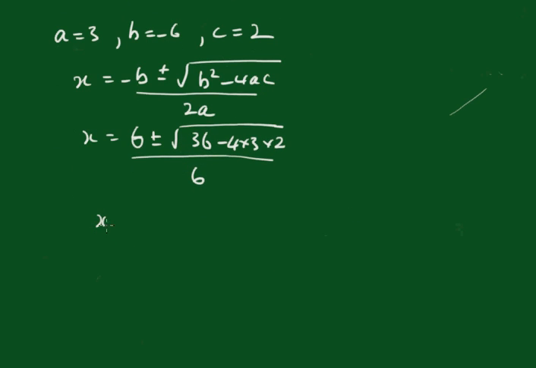So x equals 6 plus or minus square root of, now 4 times 3 is 12 times 2, 24, so that'll be a 12 in there.